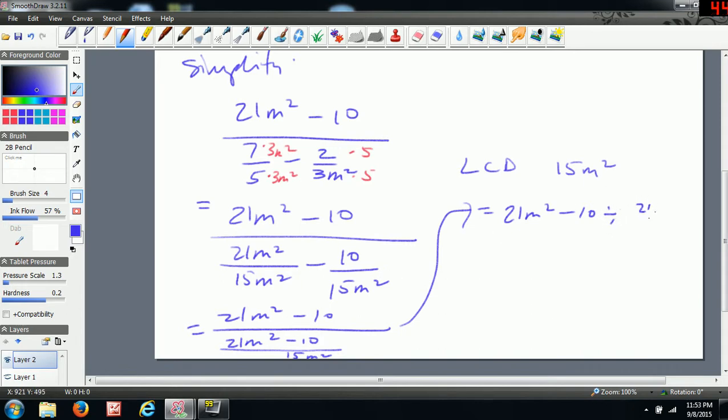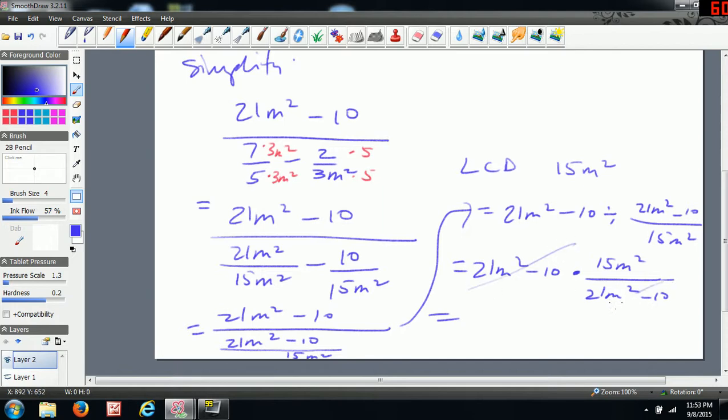So divided by 21m squared minus 10 all over 15m squared. This becomes 21m squared minus 10, and then you change this to multiplication and flip the second fraction. So then this cancels this, and you're left with 15m squared as your final answer.